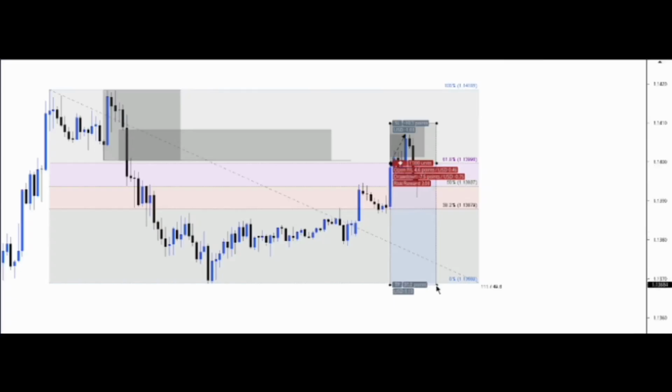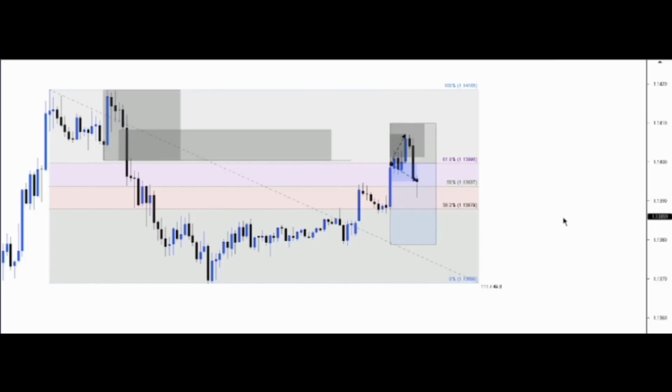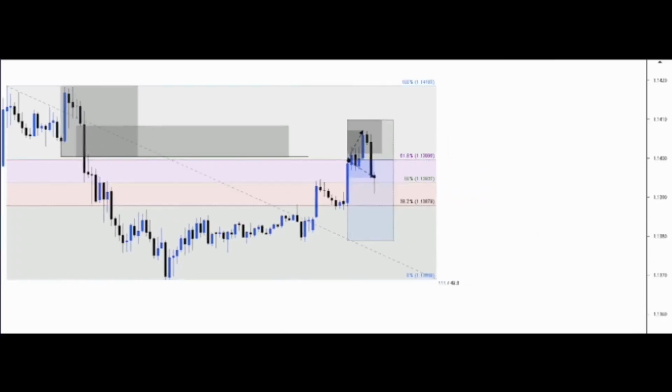Simple. But I will advise you to take 1 to 2. So 1 to 2 will be around this level. After 1 to 2, then you can begin to trail your stops. Okay, so this low will become your 1 to 2. Simple. So let's continue to advance price and see what happens.